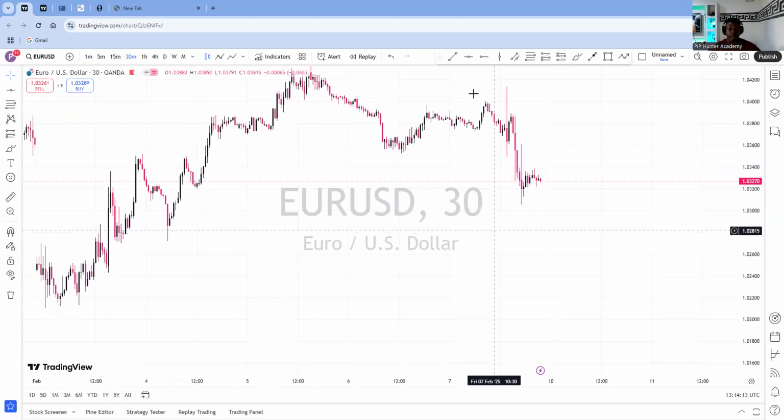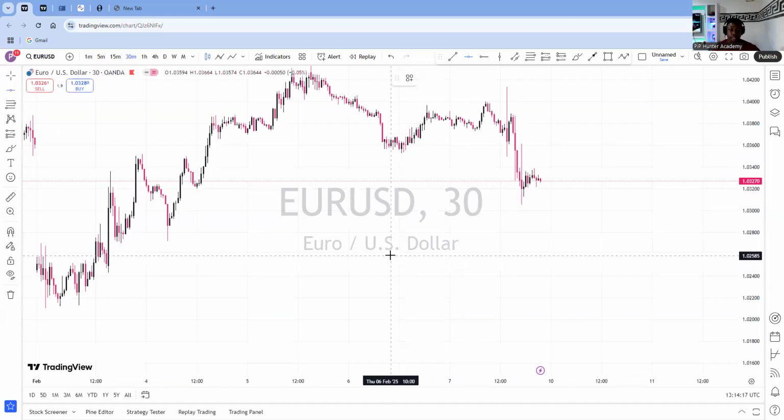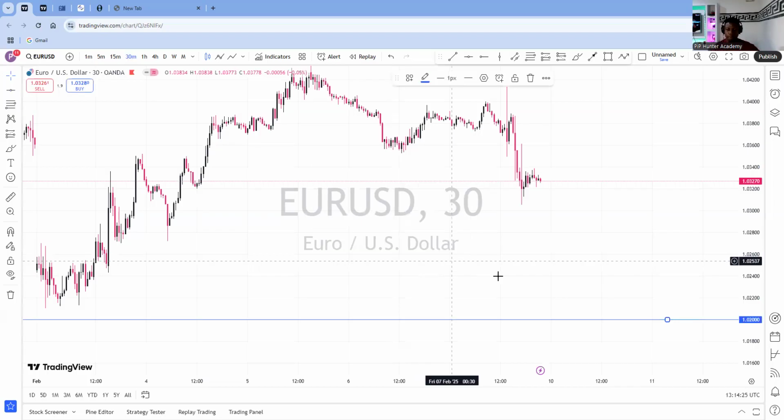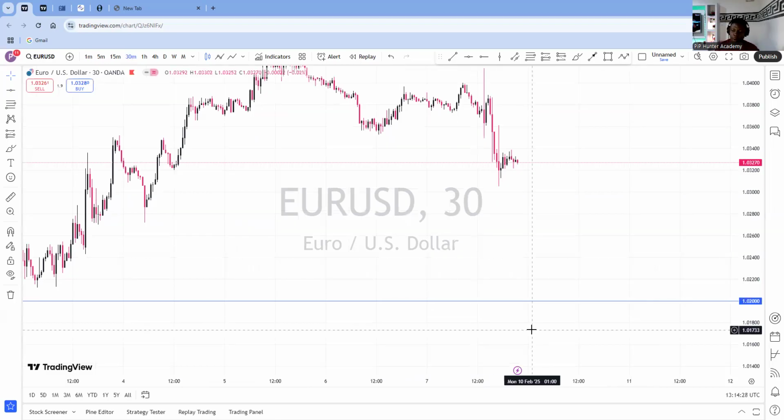When it comes to currencies, it's also very simple. So we have 1.0200.